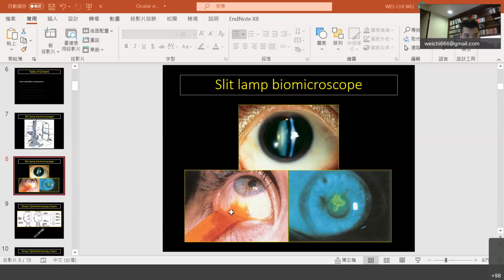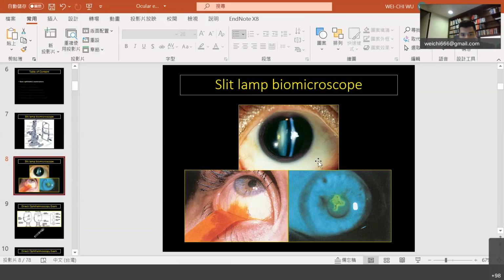I hope that we could have some. So you can see that this is an instrument that could help you evaluate the condition of the external eye, including the eyelid, eyelash, and the cornea here, conjunctiva, and the lens, even the anterior vitreous over here.